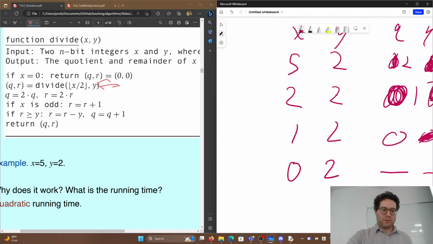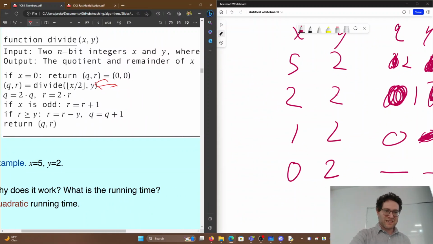Again, what is the running time for this? It's, again, quadratic. That's actually left as an exercise in the book. I don't know if I gave that one as a homework, but let me just check my notes here. I actually came prepared with notes for the day.